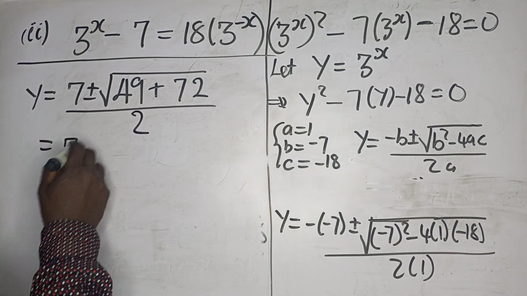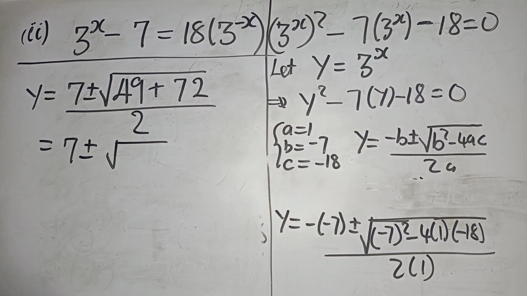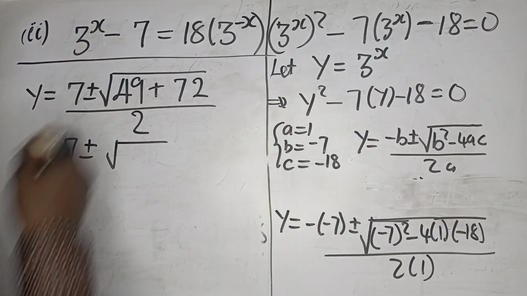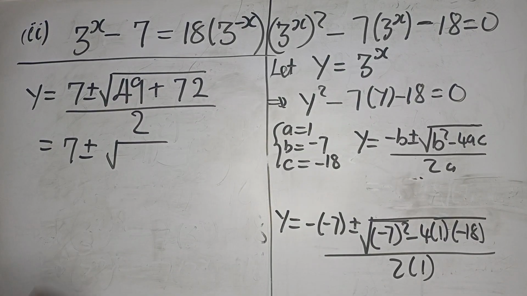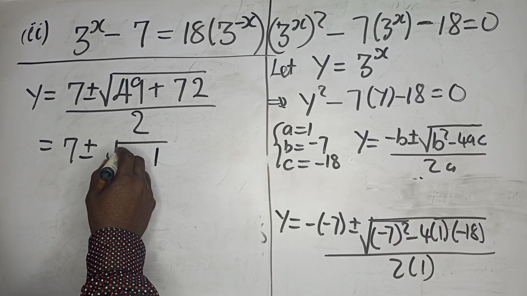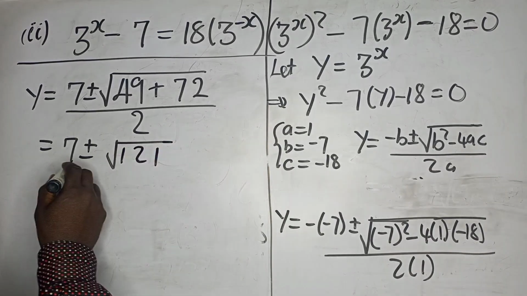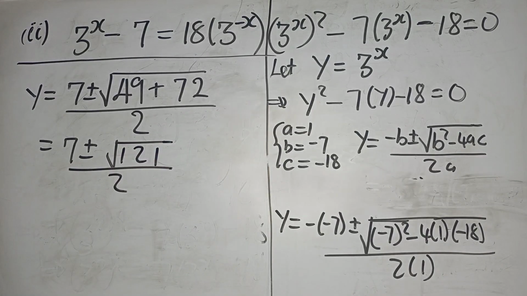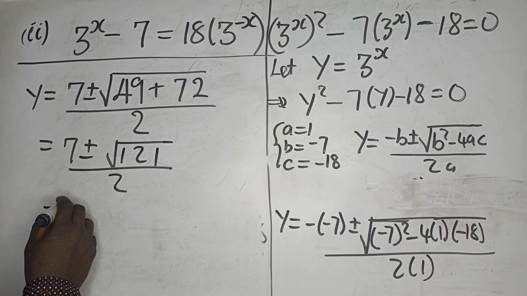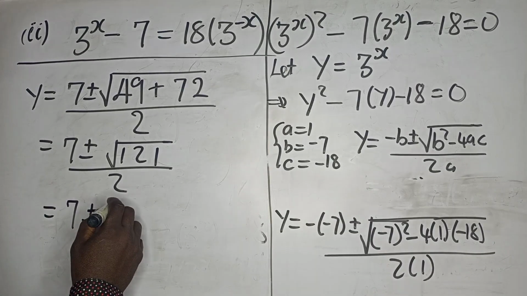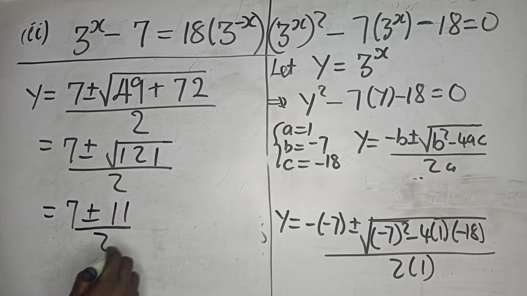This gives us 7 plus minus the square root of, we'll add up all of this. We have 11 carry 1, 12. Okay. All over 2. Root 121. Square root of 121 is 11. So we have 7 plus minus 11 all over 2.